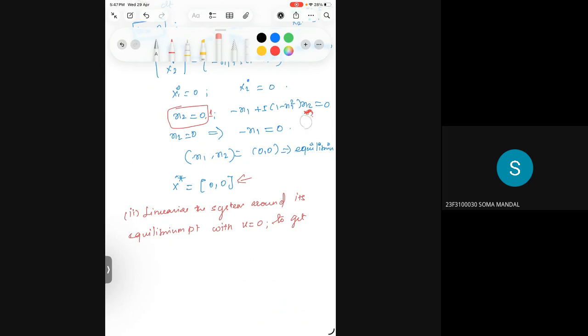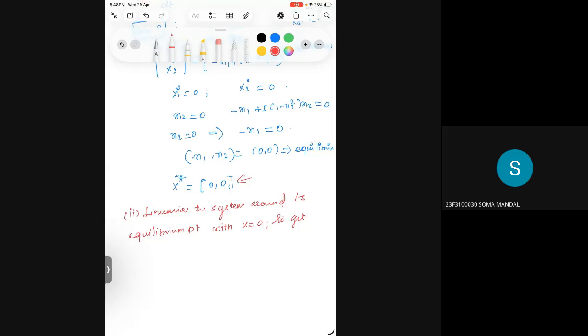For this system, only 0, 0 is the equilibrium point, nothing else, because only one possibility comes from the equation we formed, right? I hope that is clear to you.